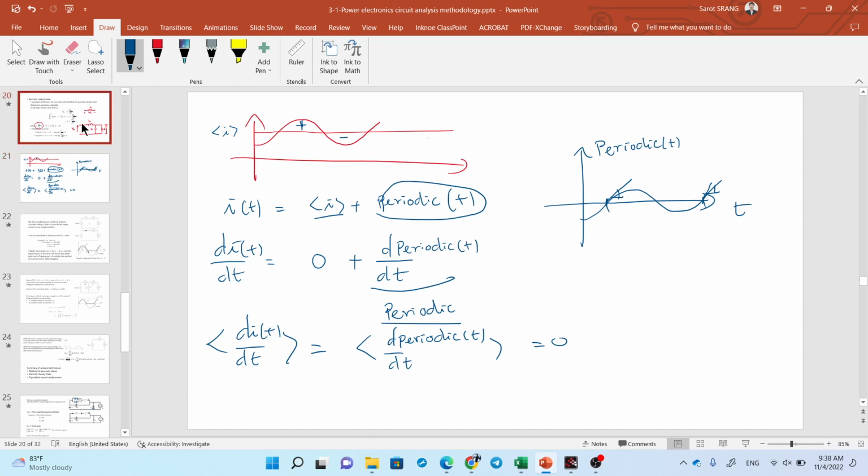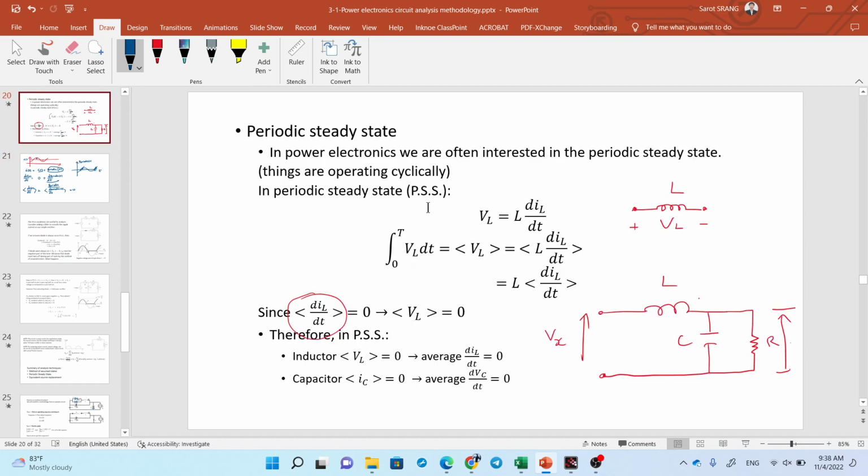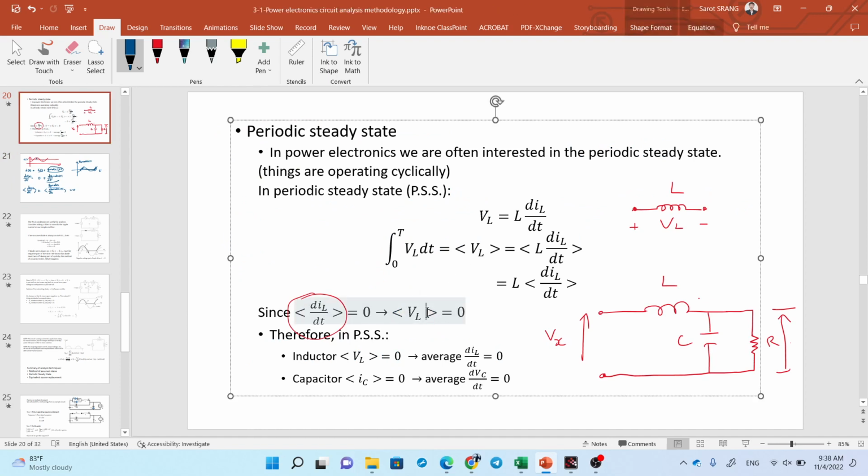Okay, now you know one property: for periodic steady state, the average value of the voltage on an inductor is 0.